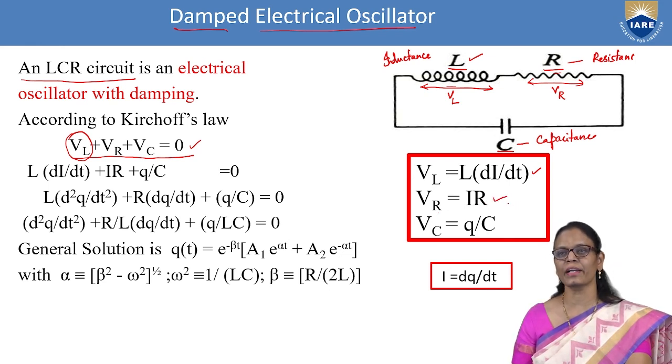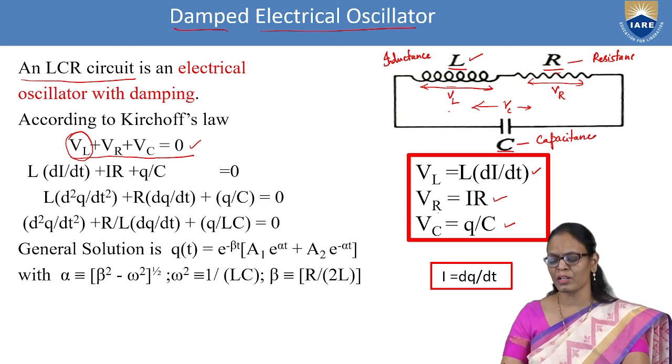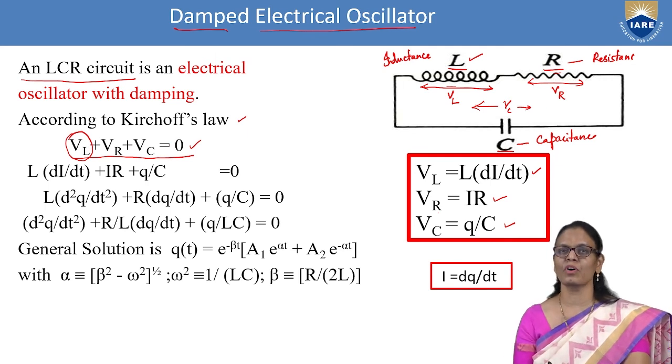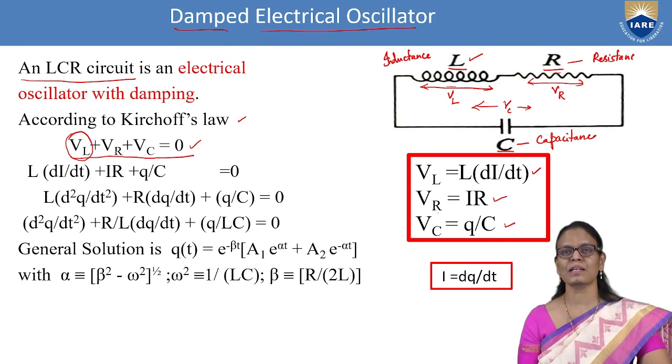VC is the voltage across the capacitance, given by Q upon C. And Kirchhoff's law tells us that in a closed loop, the sum of the voltages is equal to 0. So VL plus VR plus VC is equal to 0.